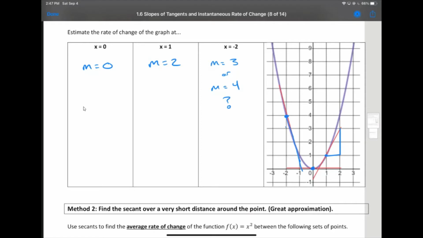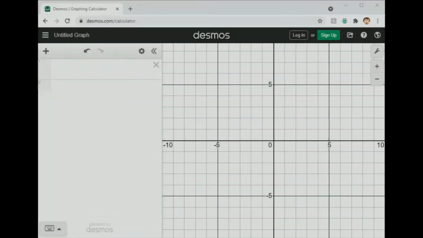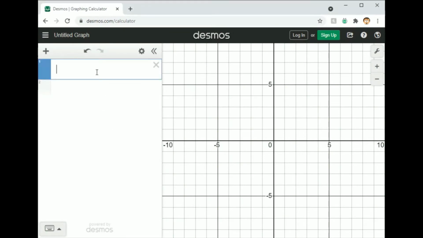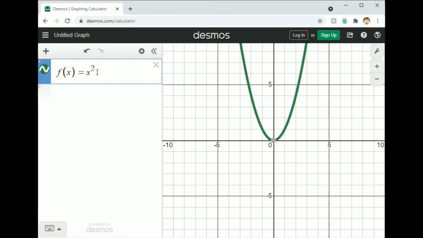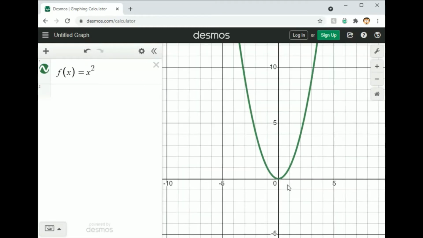Now, just to give you an idea of slopes on a graph, I'm going to switch over to Desmos really quickly. And I'm going to throw in a function, f of x equals x squared, the one we just looked at. And what I want you to notice is that even though the line is curved, if we zoom in enough at any given point, so let's take the point 1, 1, which is on the graph.